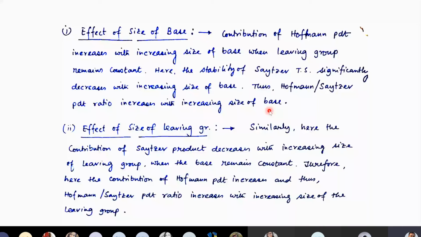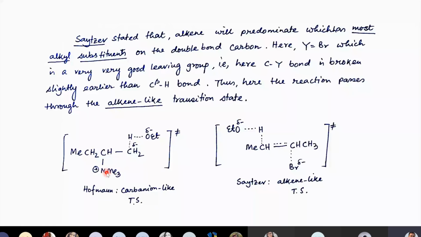Second is the effect of size of leaving group. Again, the argument is the same, because if the leaving group size is bigger, in that case also your Hofmann by Saytzeff product ratio will increase. But in the Saytzeff case, the transition state will again become a little bit unstable because of the steric interaction between this substituent and the leaving group.